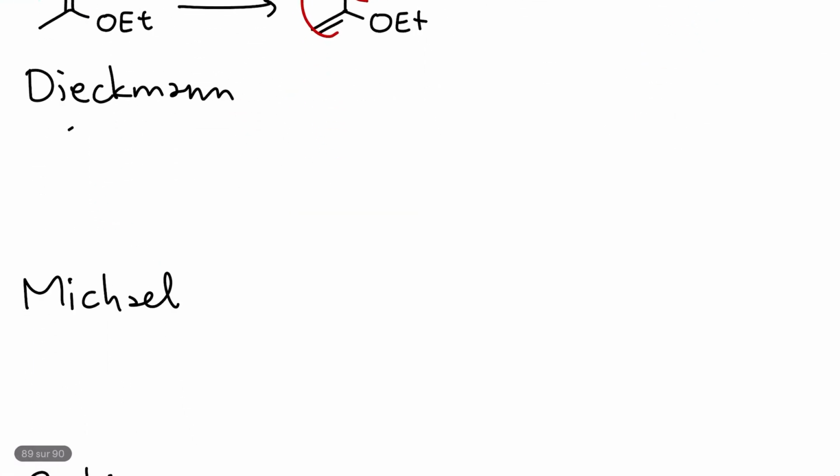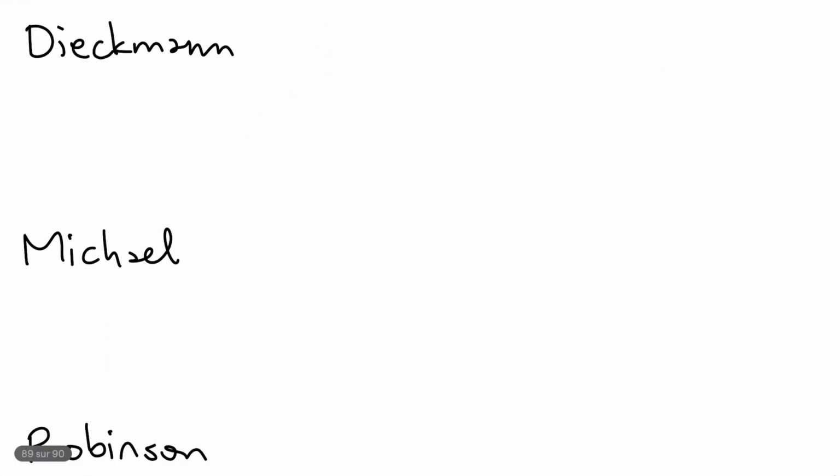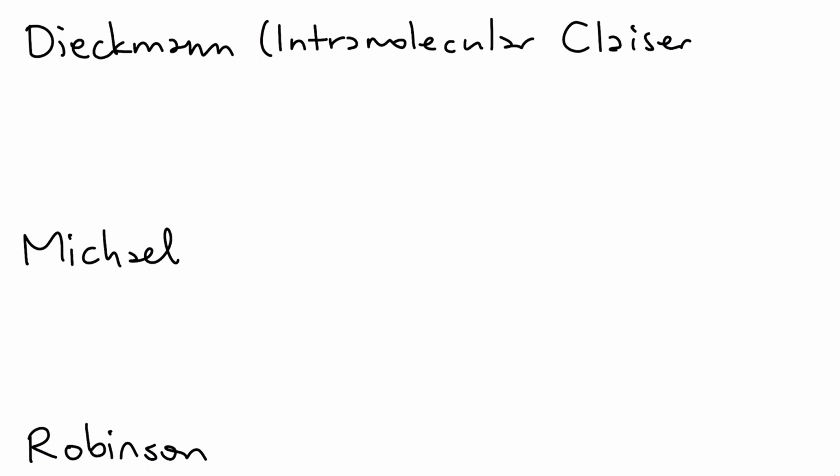Now, Dieckmann cyclization, right? Whatever. It's just Claisen, but intramolecular Claisen. It's just a fancy name. It's intramolecular Claisen. So let's say I have this compound.